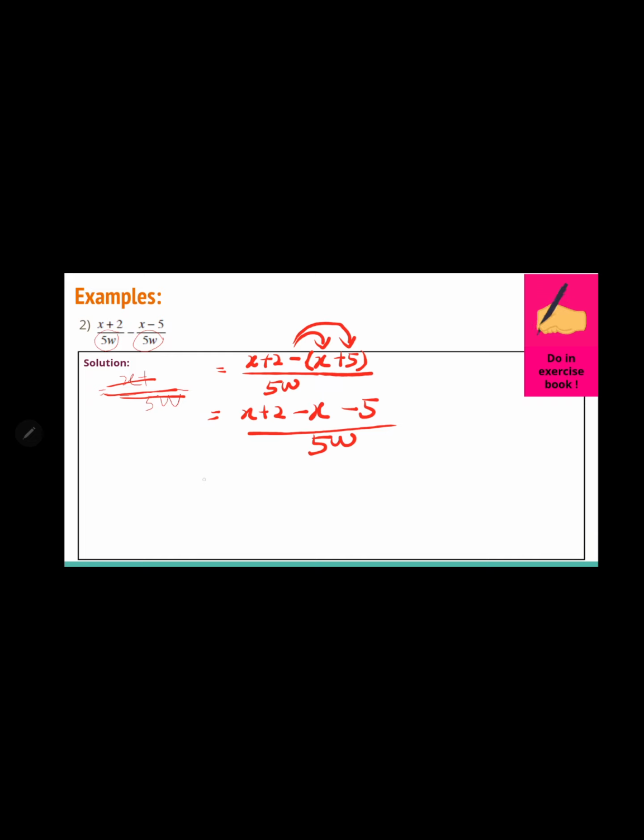So now x minus x, the x is no more. Plus 2 minus 5, you have minus 3, over 5w. Very easy. Okay, next one. Next slide.